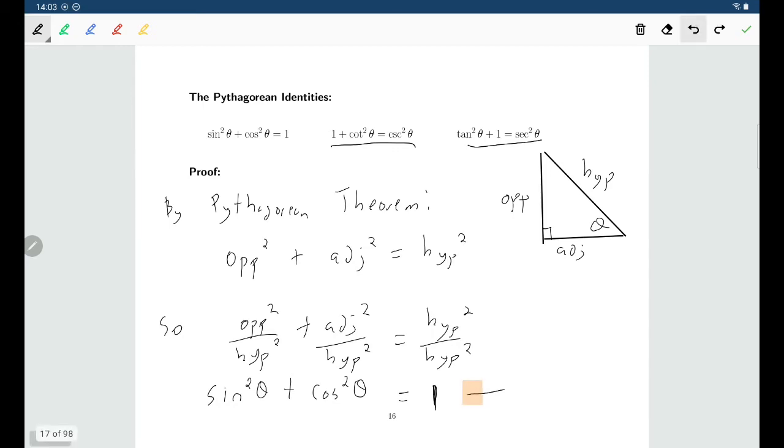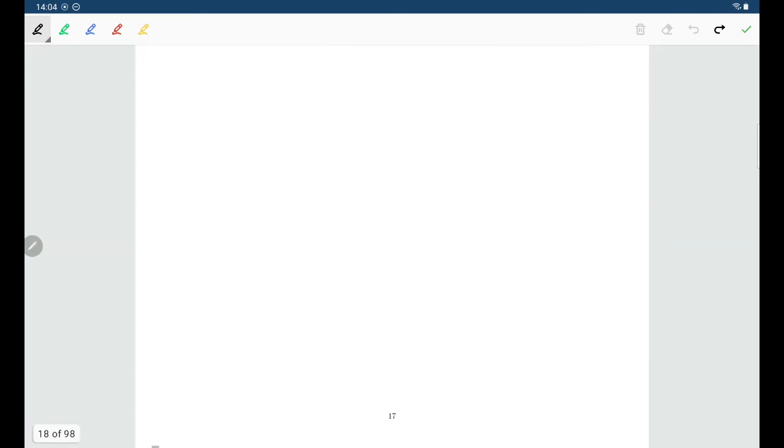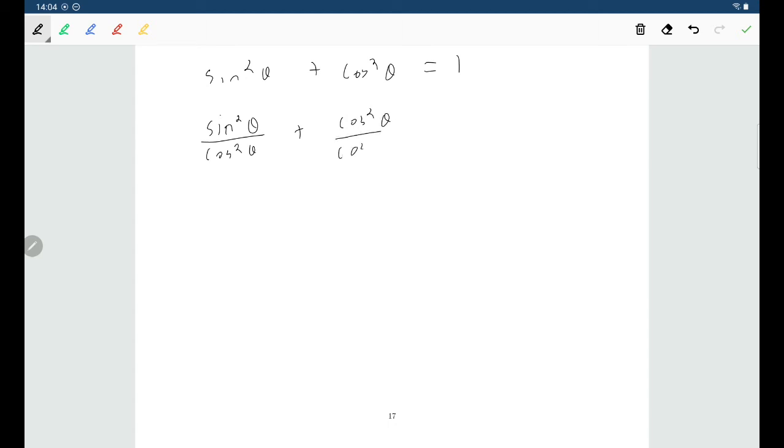Now the other nice part is the other two identities we can think of as flowing from this identity. If you know that sine squared theta plus cos squared theta is equal to 1, and if you remember that those other 4 trig functions can be written in terms of sines and cosines, then you have the idea for the rest of the proof. If I were to take this equation and divide everybody by cosine squared theta, then on the right side, I've got the reciprocal of cosine that's been squared.